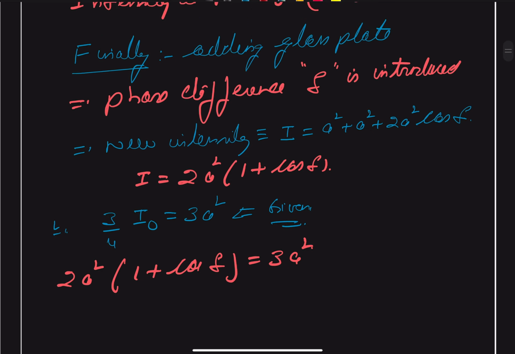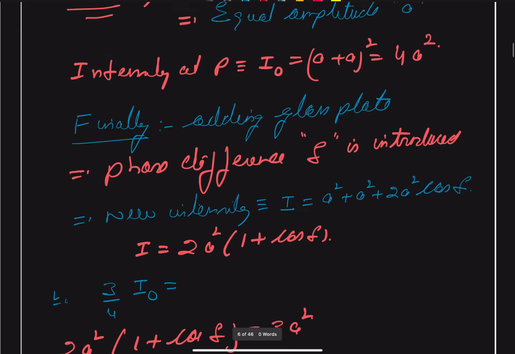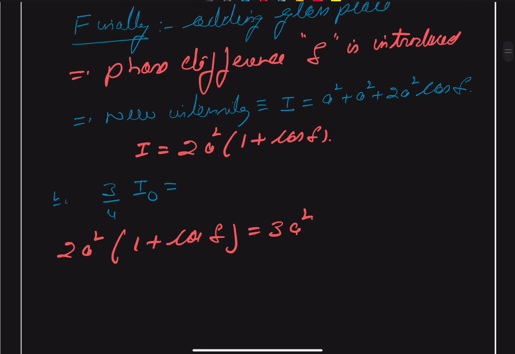Let me solve it. This is 3/4 of I naught, and I naught is 4A square. So this comes as 3 upon 4 multiplied by 4A square. The 4 and 4 cancel out, and this is equal to 3A square.